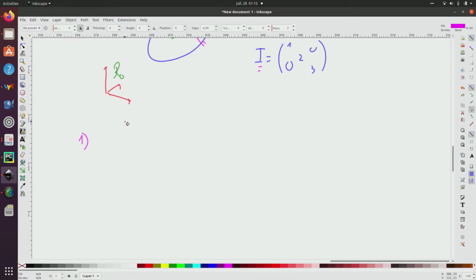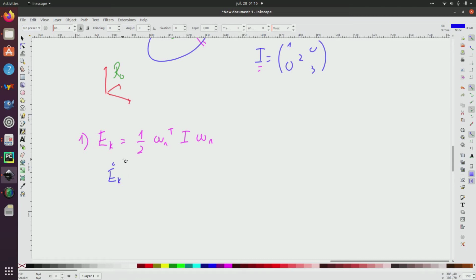So for the first question, I have to show that the kinetic energy, which is given by this relation, is constant. This result is quite classical, and how can I do this? I will compute the derivative.